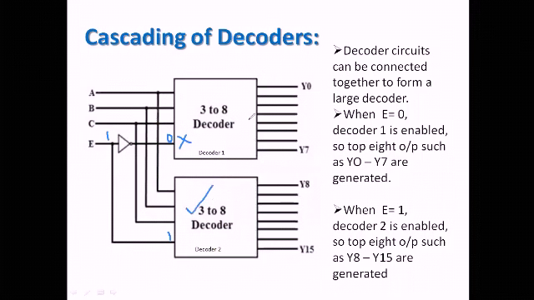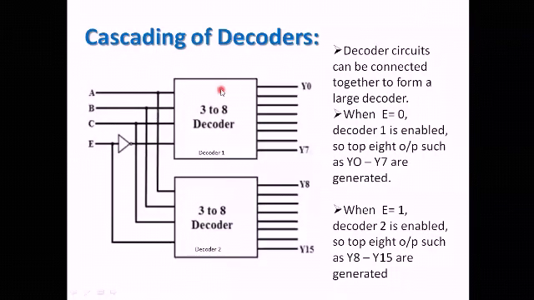So outputs Y8 to Y15 will be generated at the output. So you can see how this cascading is done using the enable input. This is very important in the case of the cascading of decoders.